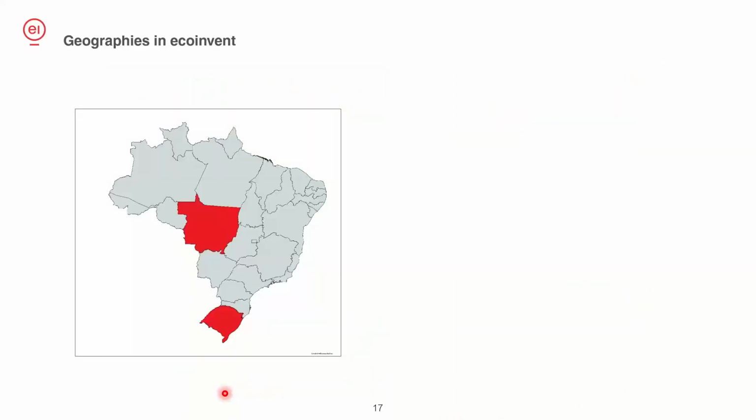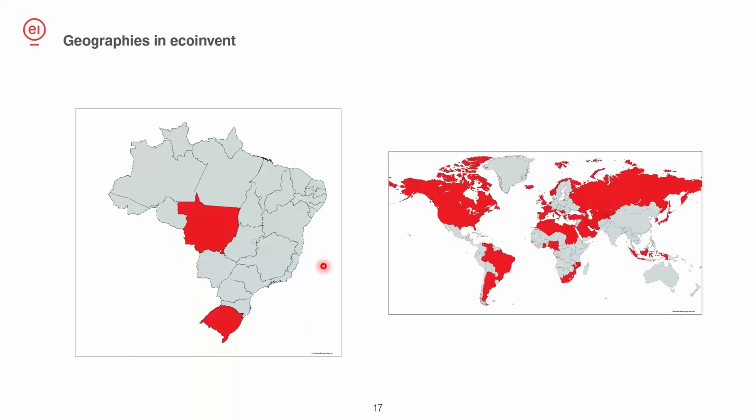We can go even deeper and have activities referring to specific states in a country. For example, here, different states in Brazil. And we can also have activities for customized regions. For example, the International Aluminium Industry Association has specific regions for the activities of aluminium production, and these are also represented in the database.